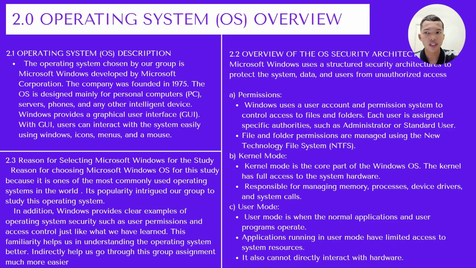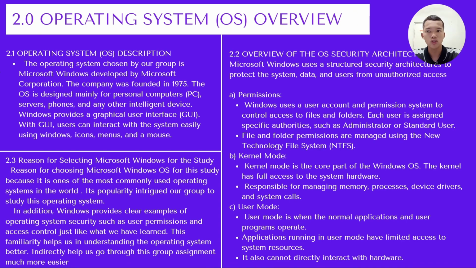The company was founded in 1975, and the OS is designed mainly for personal computers or PC, servers, phones, and any other intelligent device. Windows provides a graphical user interface or GUI. With GUI, users can interact with the system easily using windows, icons, menus, and a mouse.